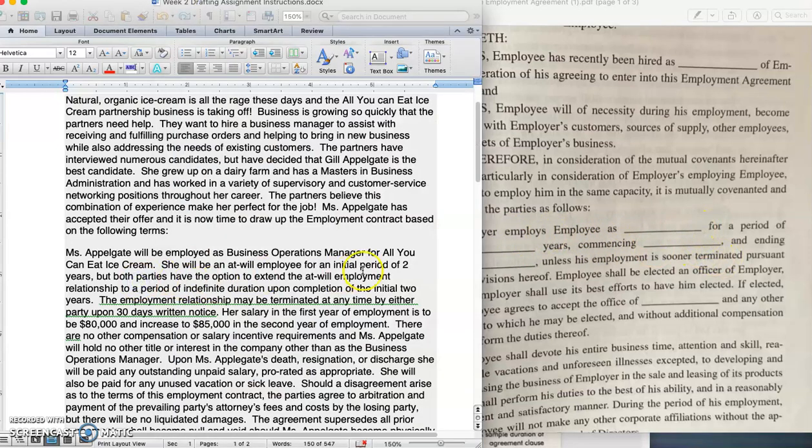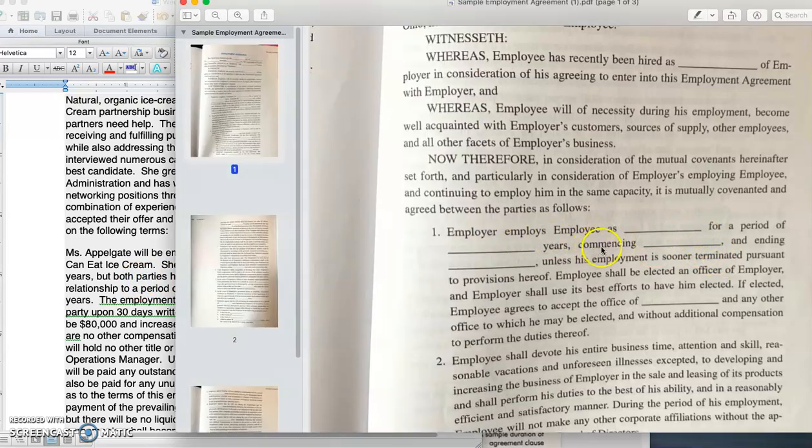You should look at the fact pattern, right? Here it's going to be an initial period of 2 years. Commencing, it would be this date, right? It would be today's date, because that's the day you're saying this contract is going to be agreed upon, where these parties are going to sign it. And then an ending, it's supposed to be for 2 years. So you would put the date 2 years from today, all right? You don't need me to tell you what that is.